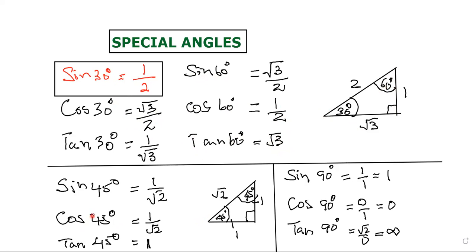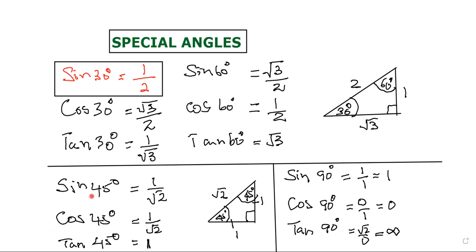Let's go to 45. In a right angle triangle, if one angle is 45, the other angle is also 45, 90 minus 45, then these two sides are equal because these two angles are equal. Say this is 1, this is 1. According to Pythagoras theorem, 1 squared plus 1 squared is 2, so the square root of 2 is the hypotenuse.